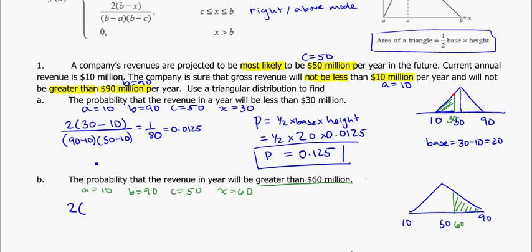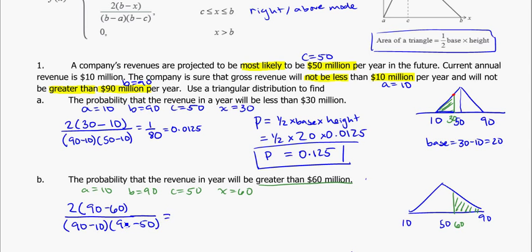But 2 bracket B minus X, so 90 minus 60, all over bracket B minus A, so 90 minus 10, times B minus C. And B minus C is there, 90 minus 50.